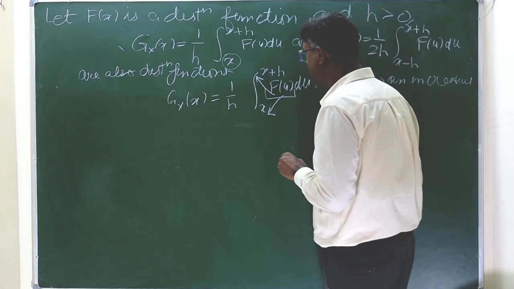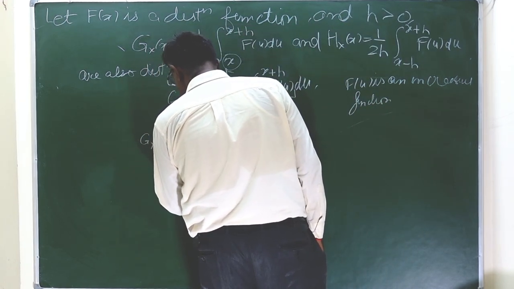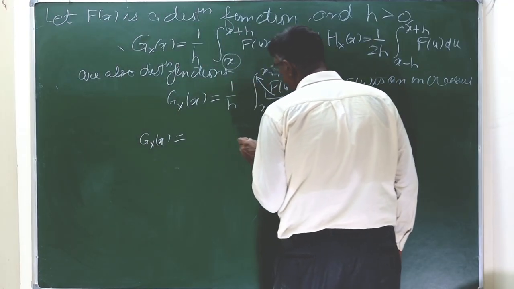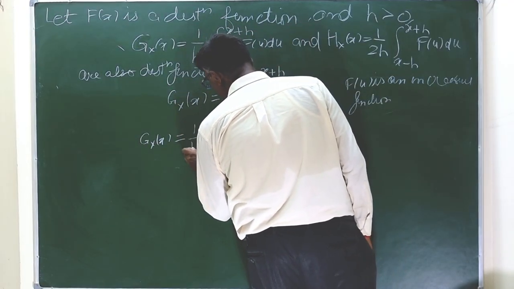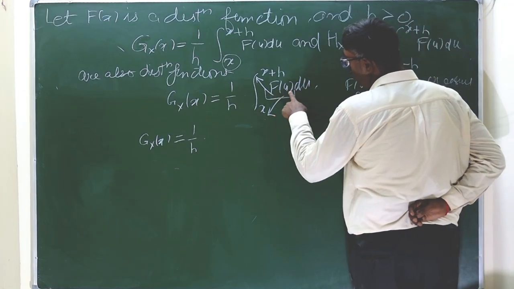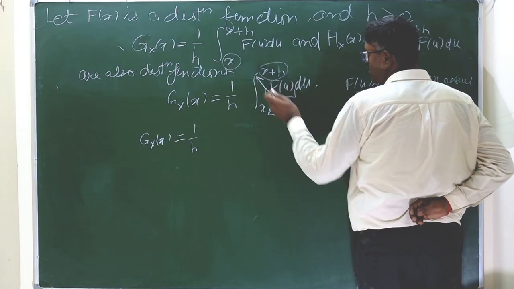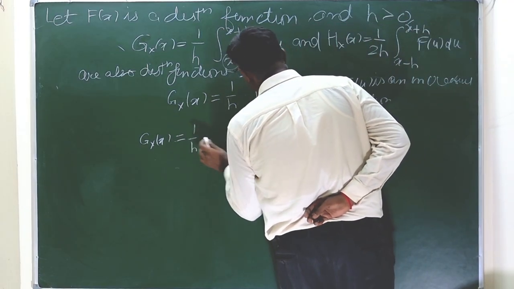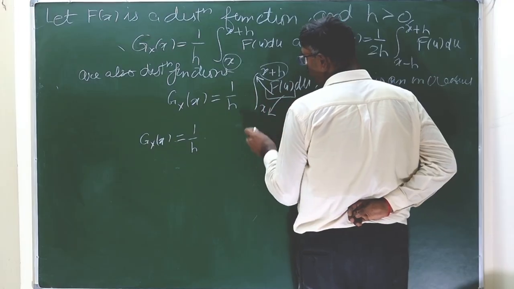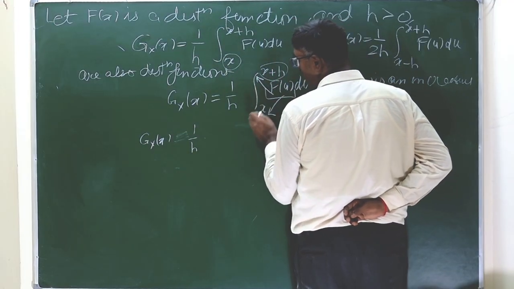So we will write g of x is equal to 1 over h. Now since f(u) attains its highest value at x plus h, we will substitute f(u) with f of x plus h.